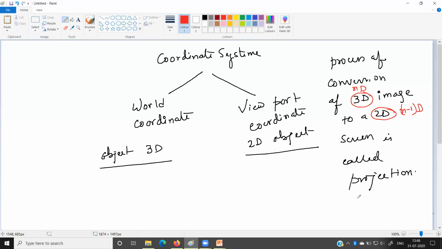Before going to the details of the projection, I will discuss some basic terminologies which are related with the projection. So, what are those basic terminologies?